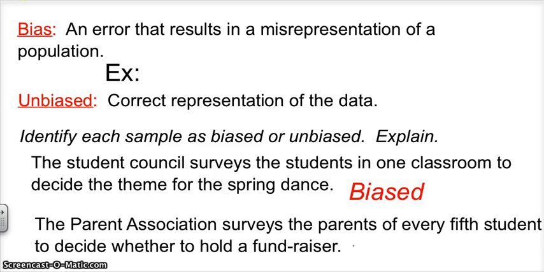Many of you guys don't go to prom, where the juniors and seniors do go to prom, so they might have different ideas than what you guys have. Next example, a parent association surveys parents of every fifth student to decide whether to hold a fundraiser. Since they have a rule to survey the parents, this is an unbiased sample.